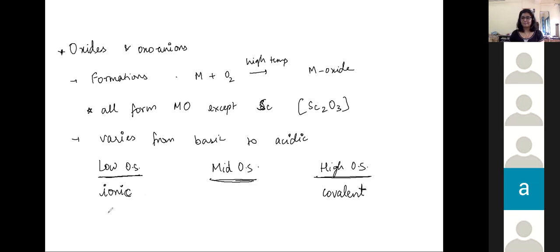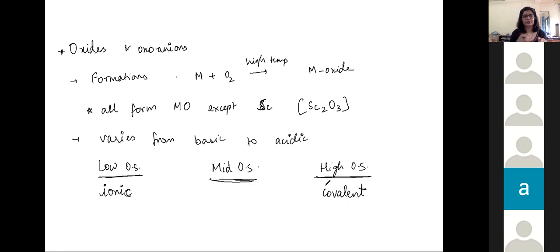The high oxidation state ones would be basic, but the low oxidation state ones would be ionic. Sorry, acidic. And why? Because usually metal ions form ionic compounds, and metal compounds are basic, so ionic compounds should be basic.